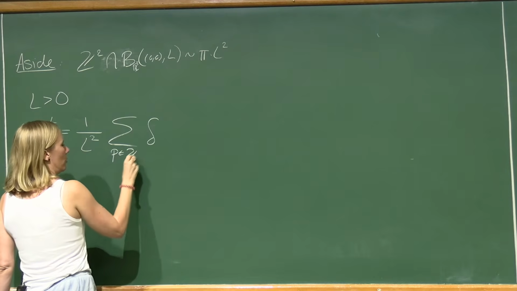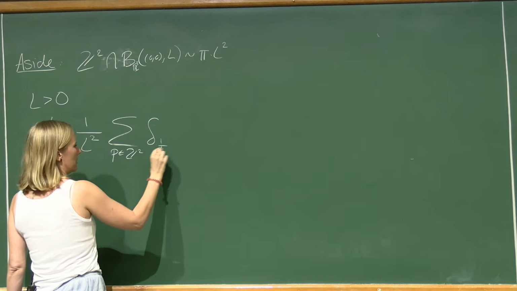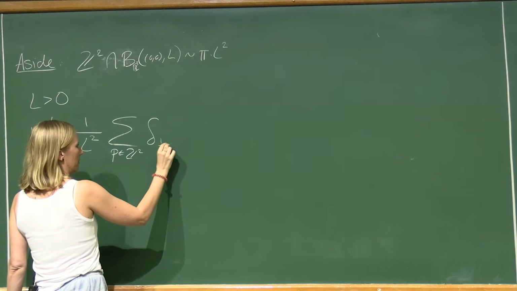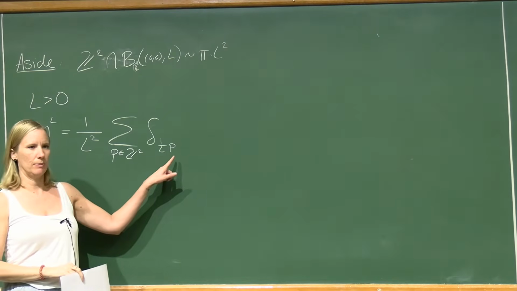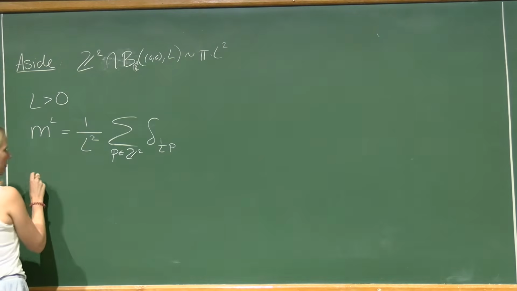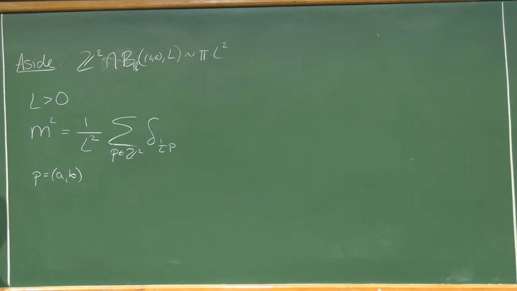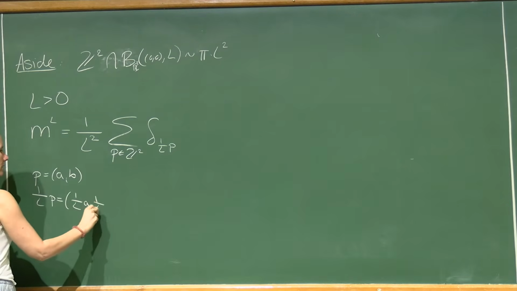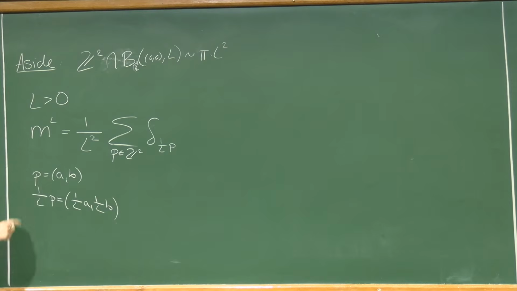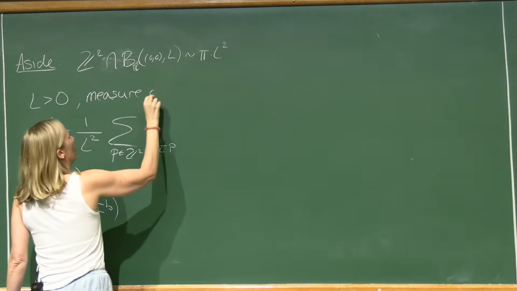I'm going to sum over all integer points P in Z2 and take the Dirac measure, the delta measure, centered at 1 over L times P. So what I mean here is, if P is an integer point, so two integers a, b, then 1 over L P just means each integer scaled by 1 over L. So this is a measure on R2.